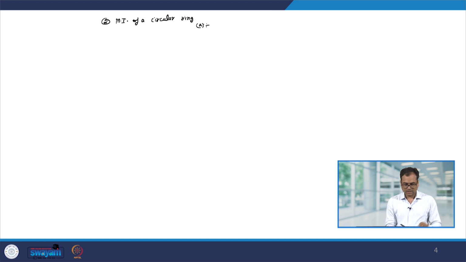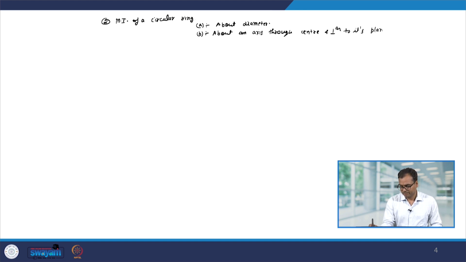In the first case, let us say about a diameter and then let us consider about an axis through the center and perpendicular to its plane.